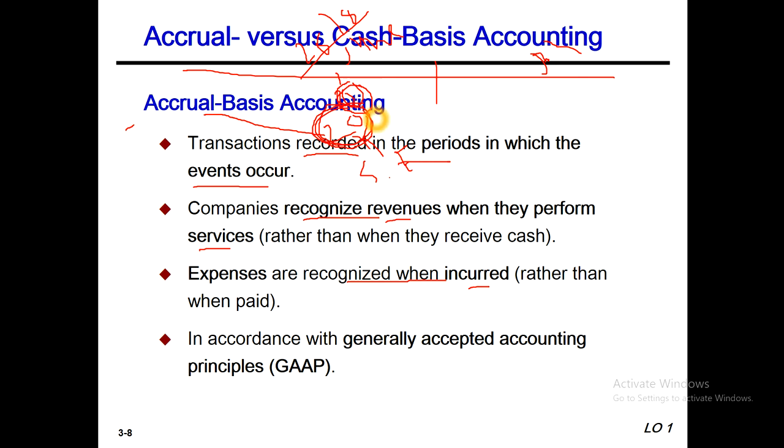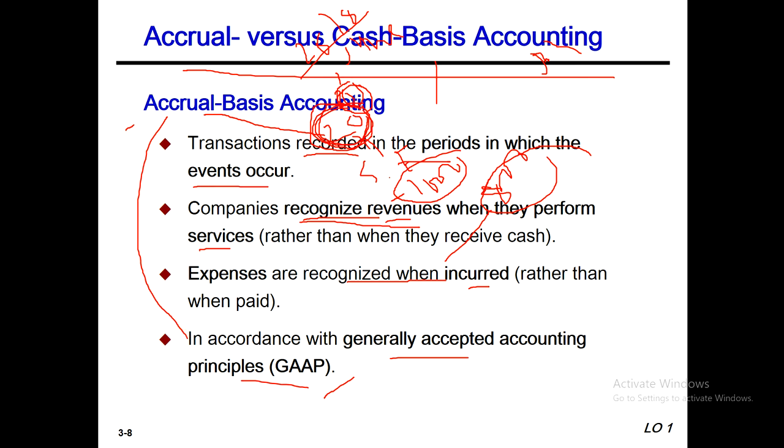Suppose our revenue is $1,000 and our expenses are $800. We recognize this revenue and this expense on June 20. We follow GAAP, generally accepted accounting principles, that is, the accrual basis of accounting. I think everybody is clear.